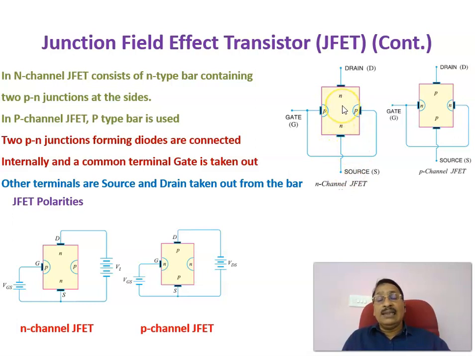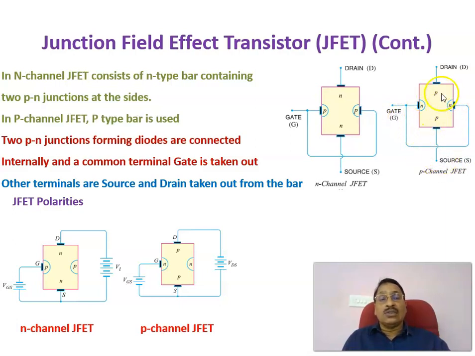In an N channel JFET, the channel is N material and electrons are the charge carriers. But in a P channel JFET, the difference is that it is a P type bar in which N type is diffused, and the N type material is connected together through a metallic contact, which we call the gate.